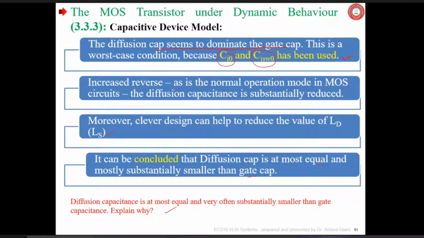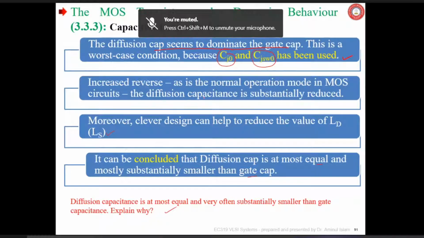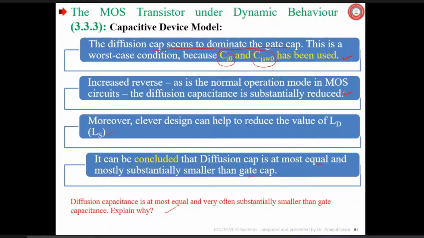If you increase the reverse bias, as is the normal operation of the MOSFET circuit, the diffusion capacitance is substantially reduced. If you use CJ0 and CJSW0, what does it mean? Without bias, say the drain connection you have not given, the depletion layer width is minimum, so more capacitance will be there.